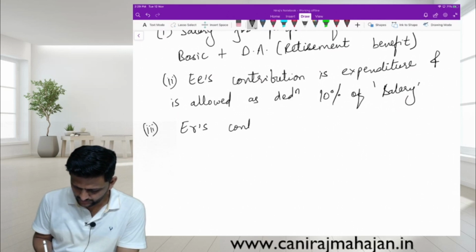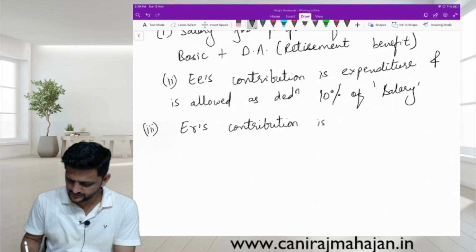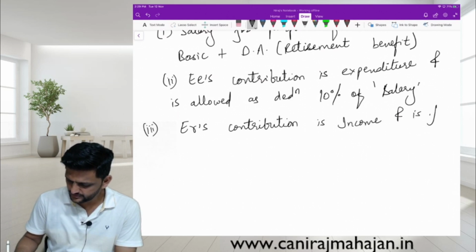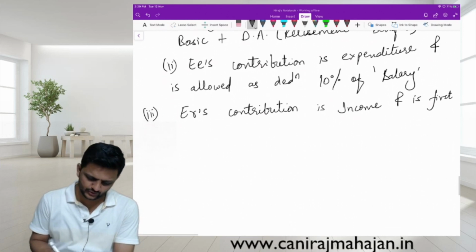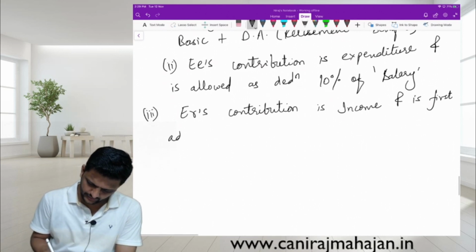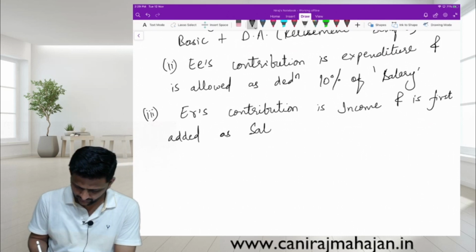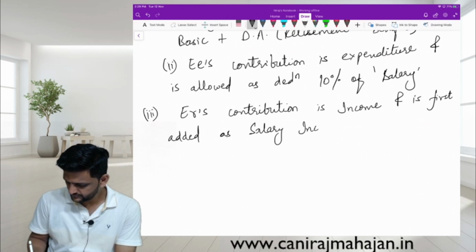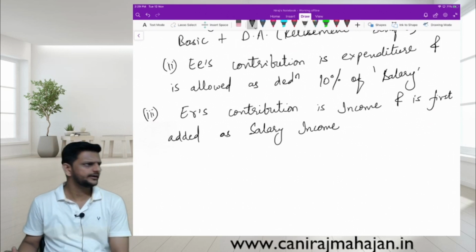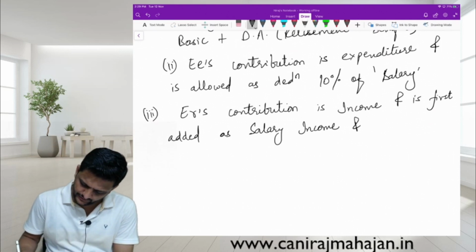Employer's contribution is income and is first added, yes or no? As which income? Salary income, no? Correct? And allowed as deduction.